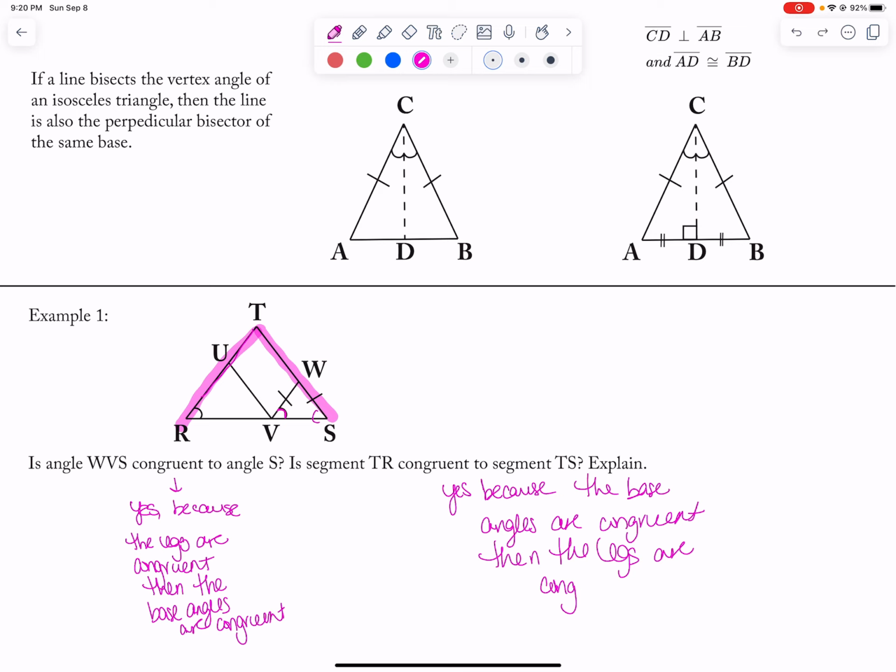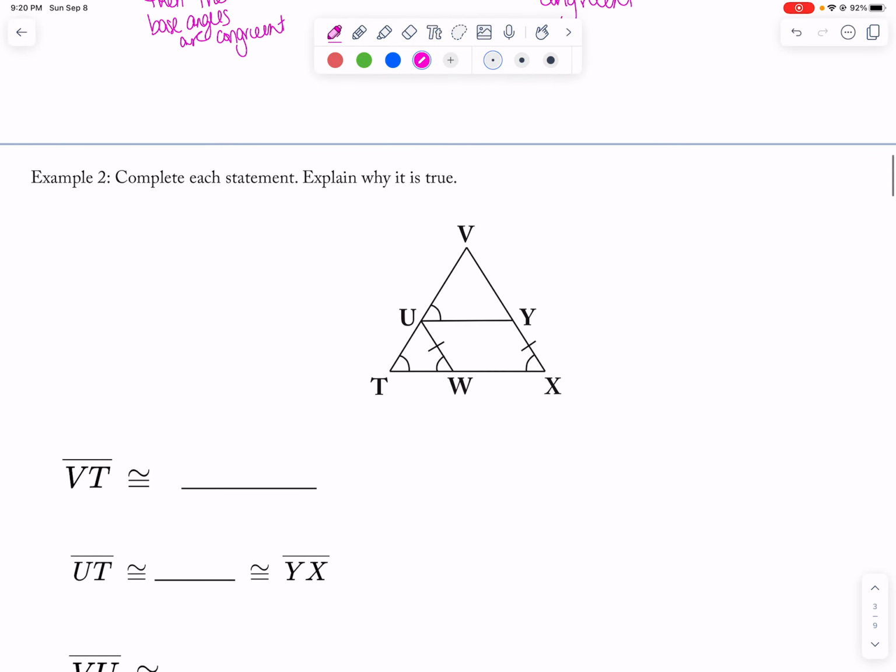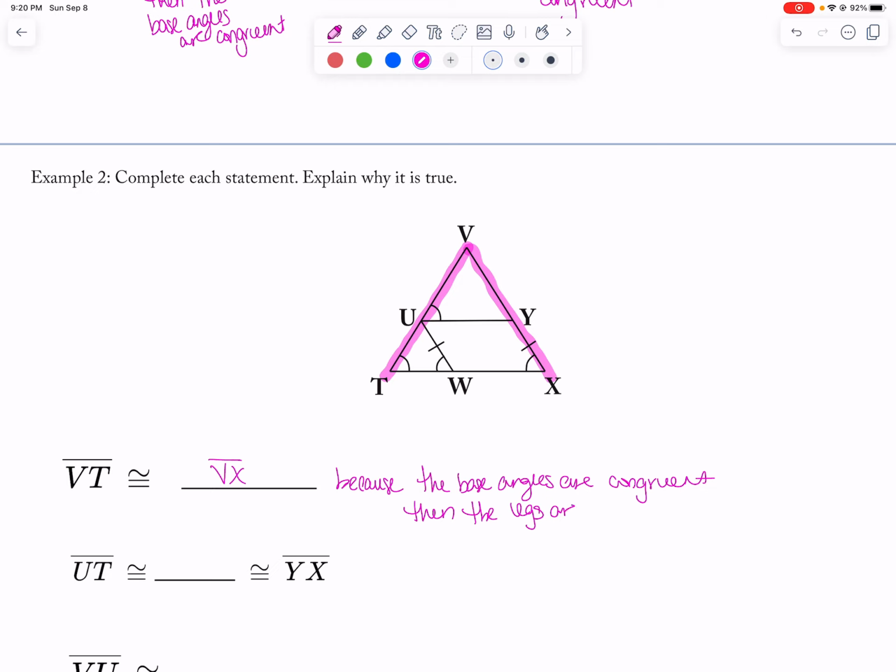So VT is congruent to VX. And because the base angles are congruent, then the legs are congruent.